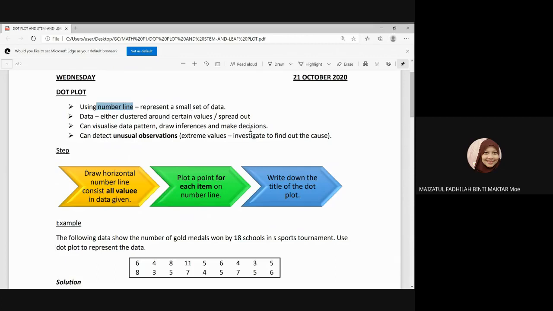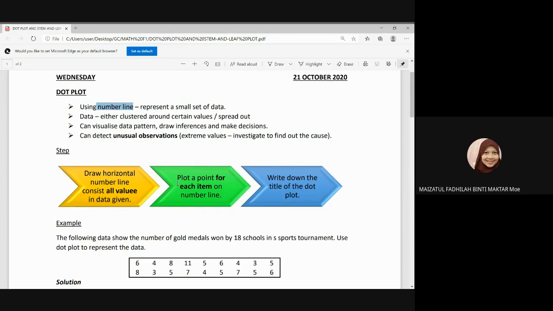And if the graph has extreme values, we can detect unusual observations, then investigate to find out the cause. To do the dot plot, the first step is to draw a horizontal number line that consists of all values in the data given.